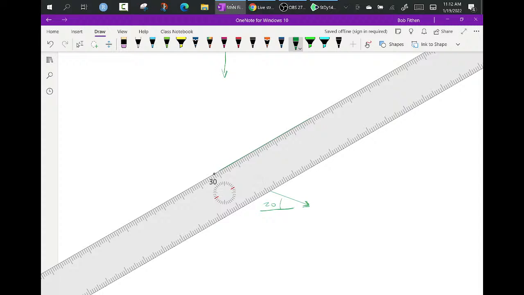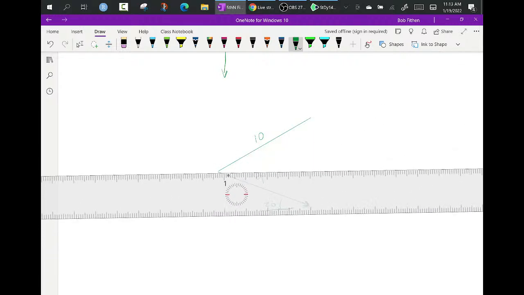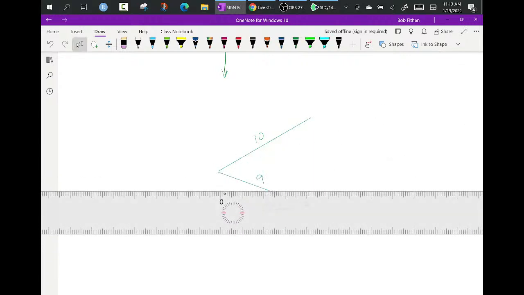I'll go out to here: 1, 2, 3, 4, 5, 6, 7, 8, 9, 10. So this is of length 10, and it is kicked up 30 degrees from here.